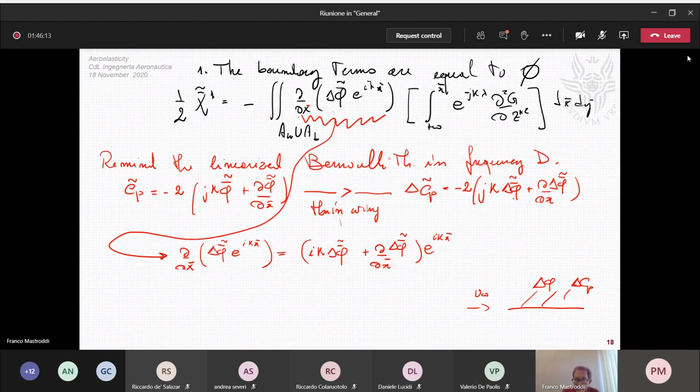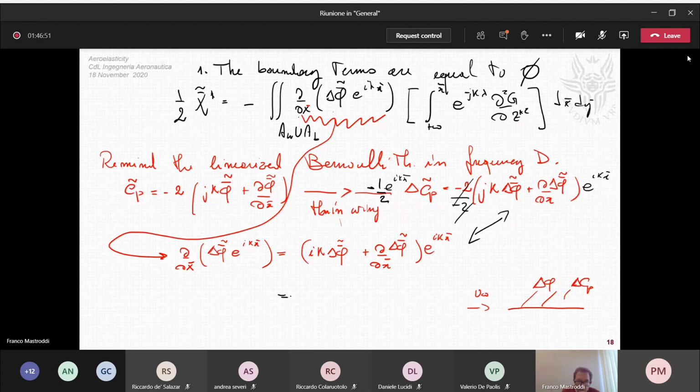In particular, this is the delta Cp, and therefore if you multiply this quantity by e to the power ikx on both sides, and if you multiply and divide it by minus 2, you have exactly this quantity here.